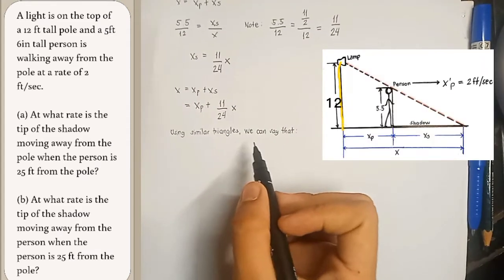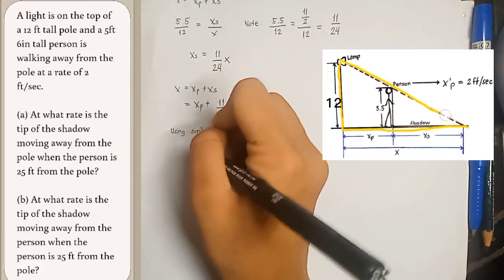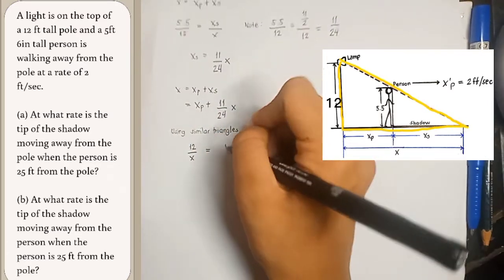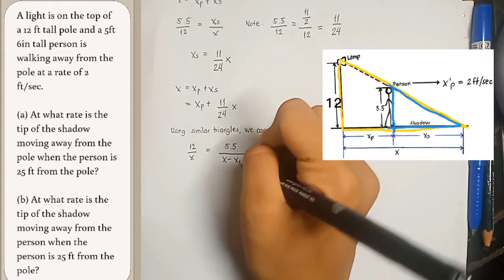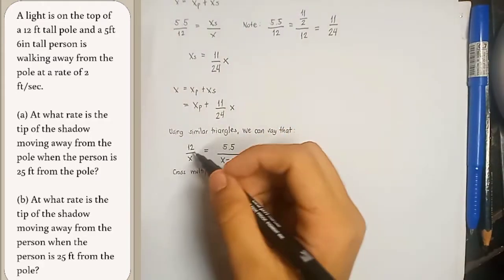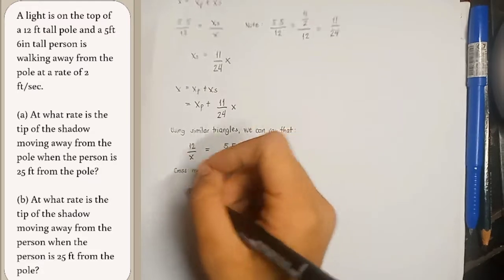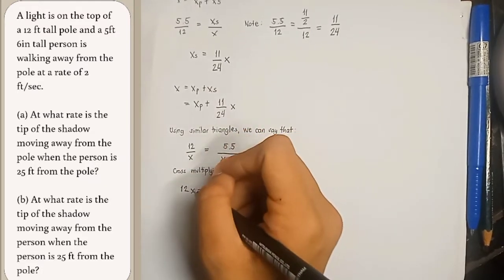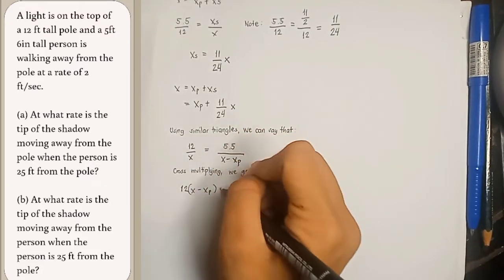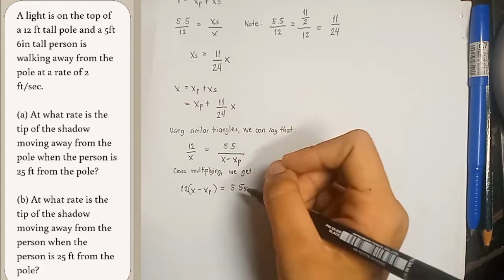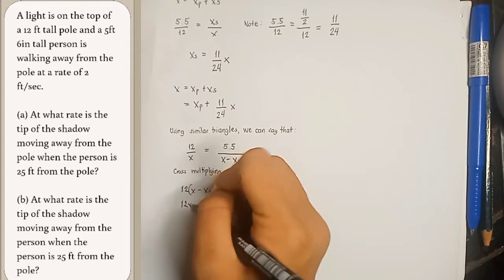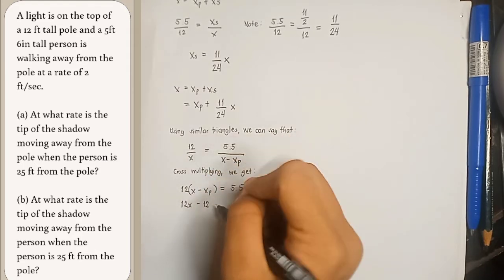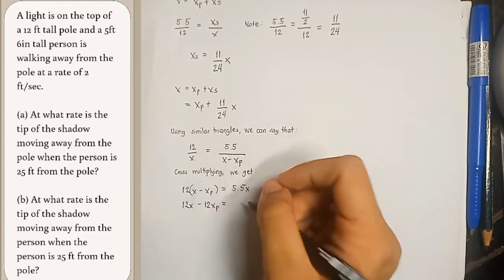Using similar triangles, we can say that 12 over x is equal to 5.5 over x minus x sub p. Cross multiplying, we get 12 times (x minus x sub p) equals 5.5x. Then distribute: 12x minus 12 x sub p equals 5.5x.